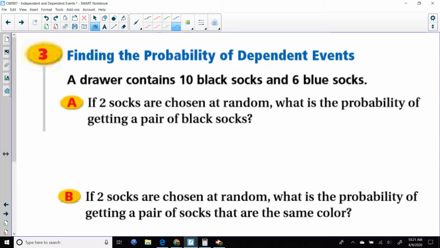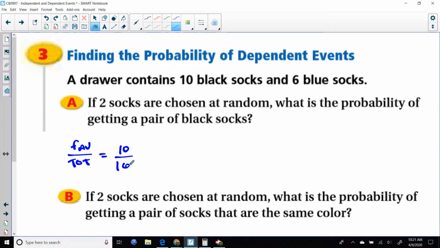The idea here is going to be a drawer contains 10 black socks and 6 blue socks. If 2 socks are chosen at random, what's the probability of getting a pair of black socks? So once again, we want to do favorable over total. So the first probability would be I'm going to pull a sock out, and there are 10 black socks out of 16 altogether.